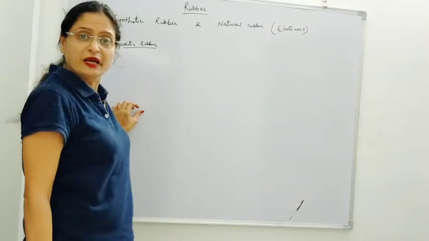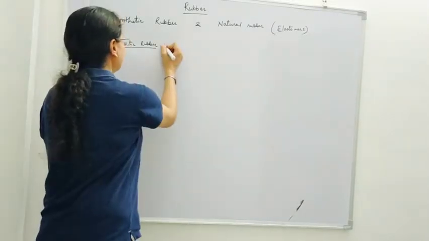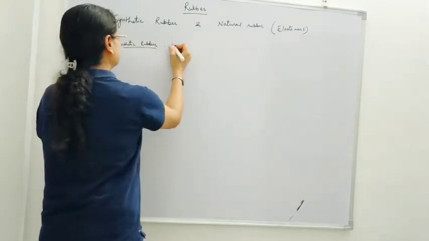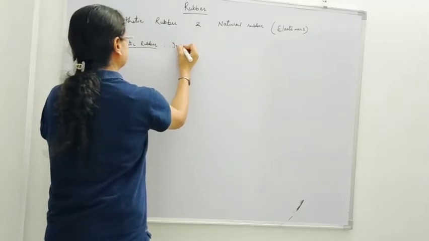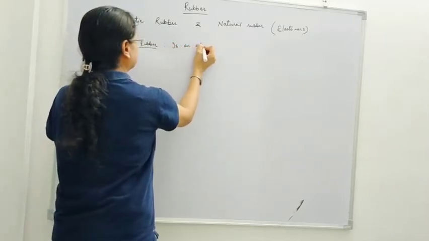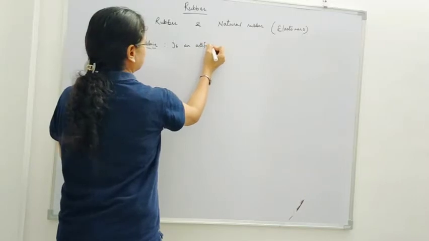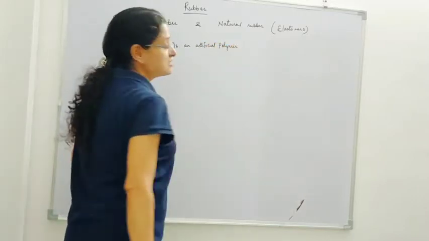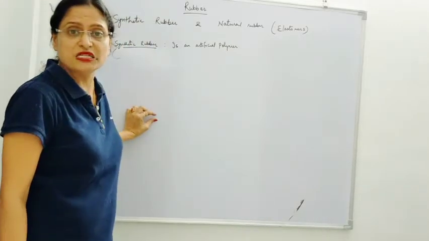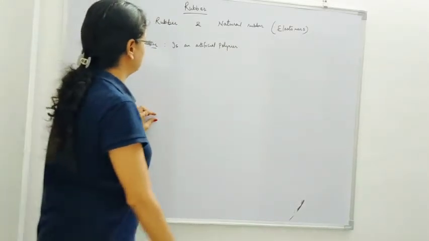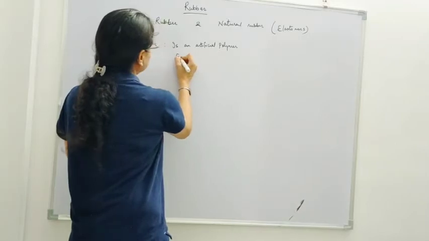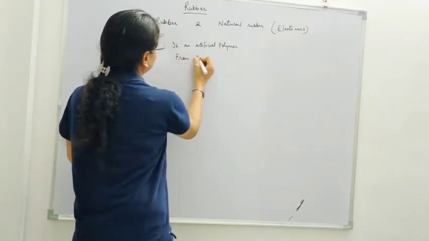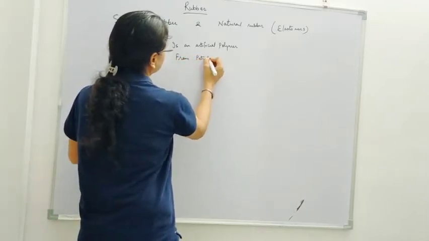Now this synthetic rubber is an artificial polymer and it is manufactured in the industries from petroleum byproducts. So it is obtained from petroleum byproducts.